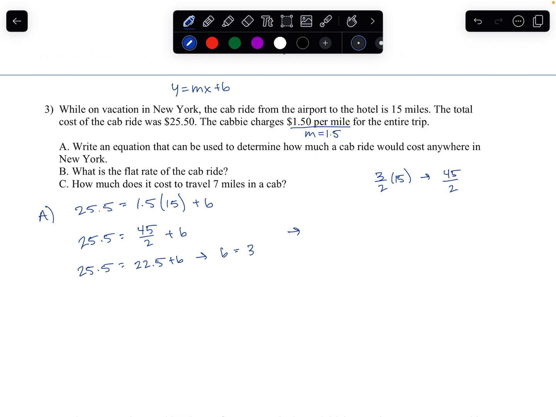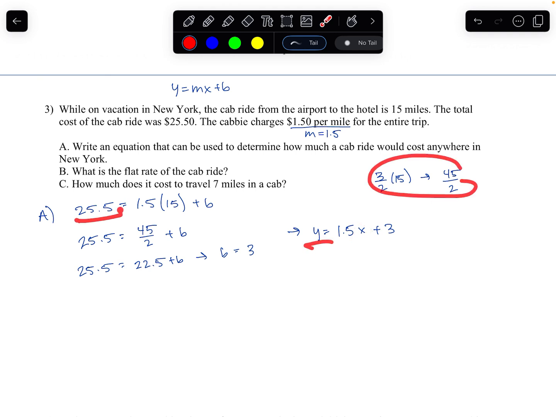So to write the general formula, we'll say y is equal to 1.5x plus 3. That should fit our formula if I did my mental math okay. So again, if I plugged in 15 right here, this will come out to be 25.5, so it should fit our situation.